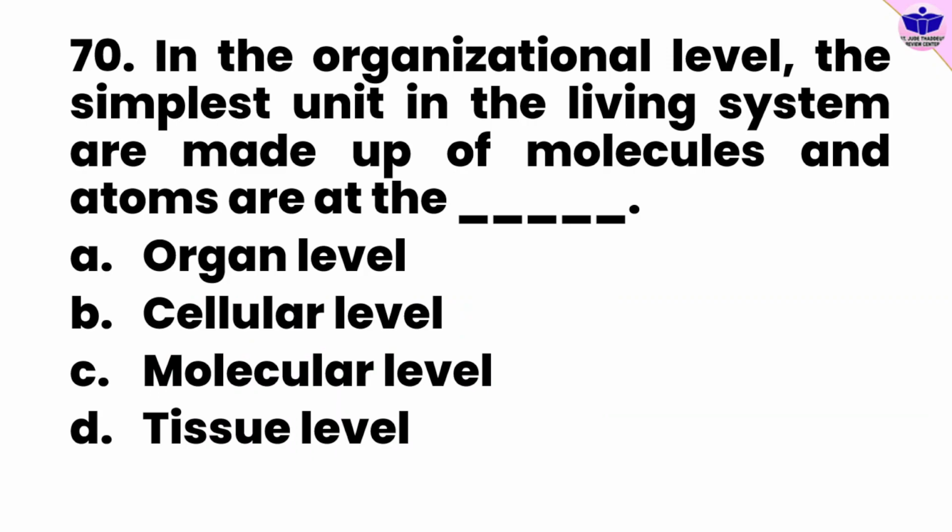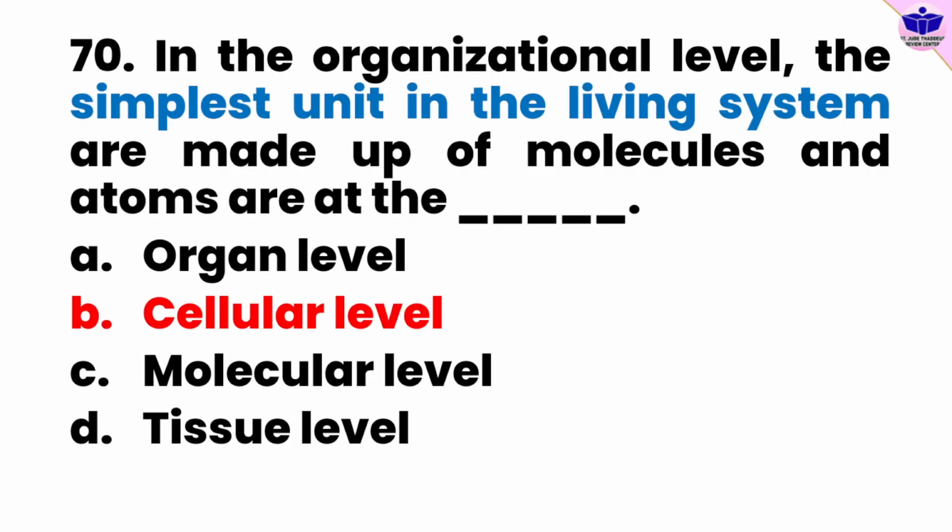Okay, 70. In the organizational level, the simplest unit in the living system and are made of molecules and atoms are the A. Organ level, B. Cellular level, C. Molecular level, or D. Tissue level. So we're looking for the simplest unit in the living system that's made of molecules and atoms. Of course, that is the cellular level.